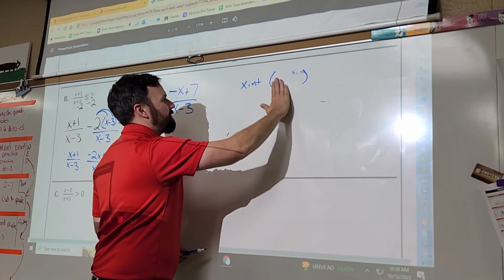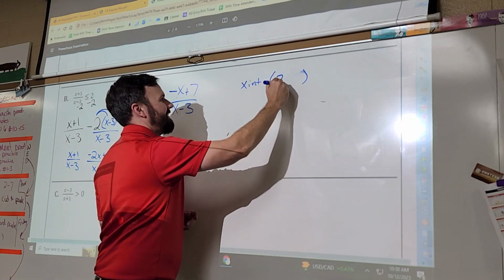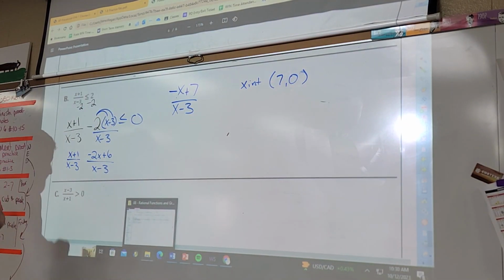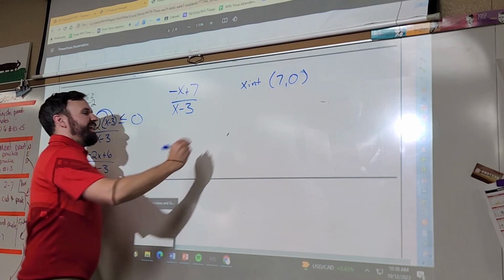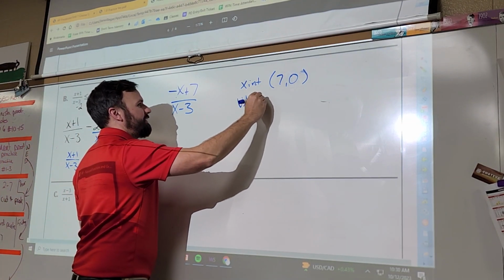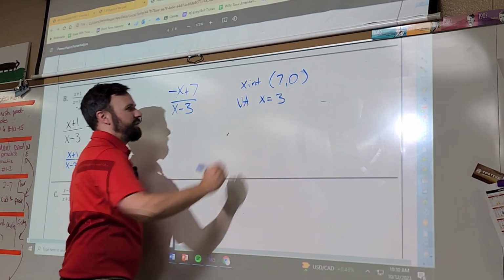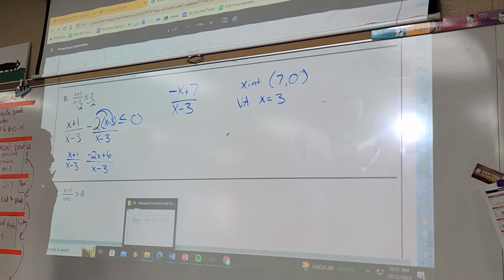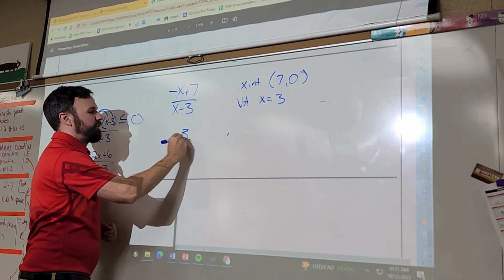And my vertical asymptote would be x equals 3, agreed? So I'm going to test point 3 and 7.